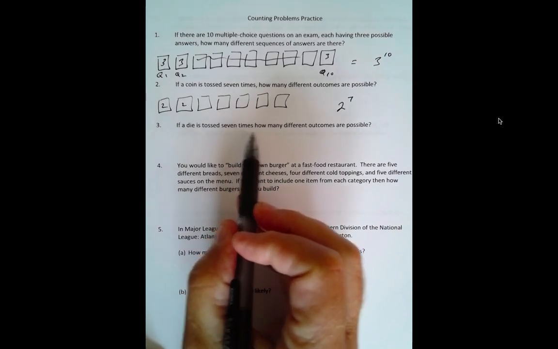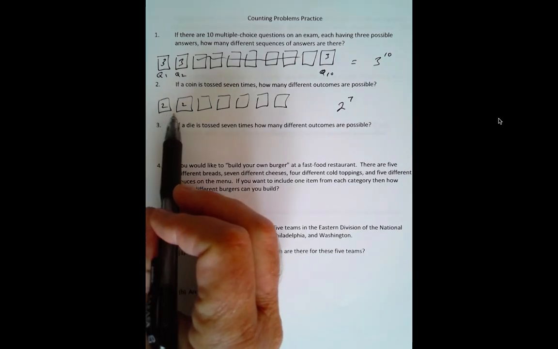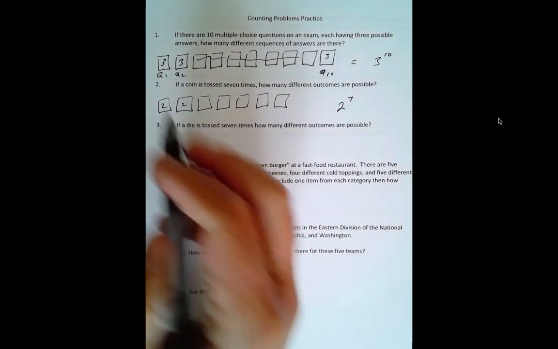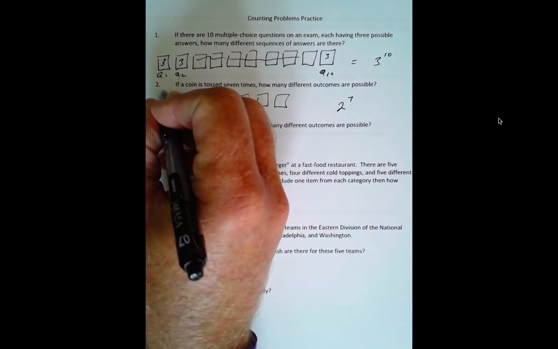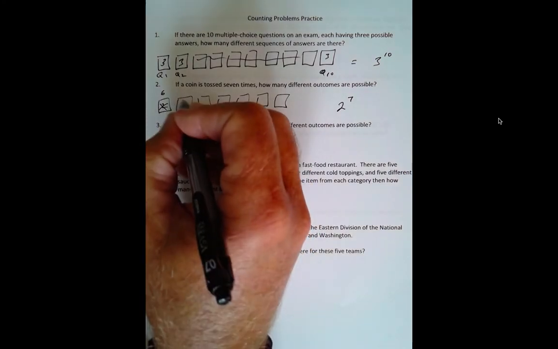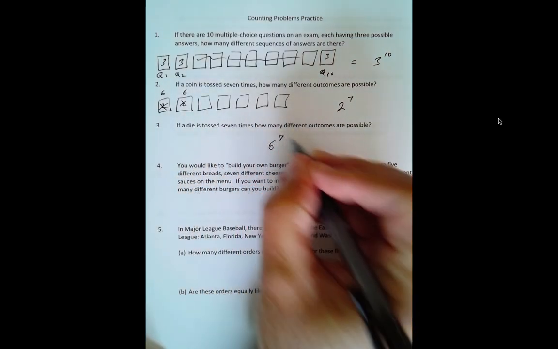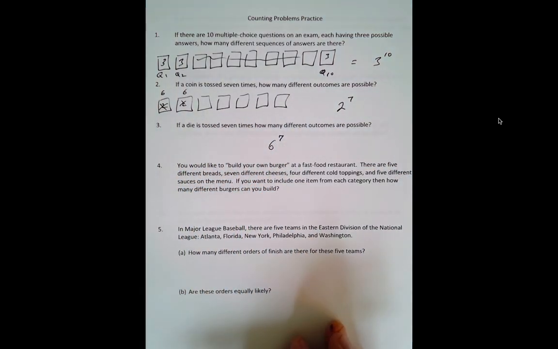If a die is tossed 7 times, how many different outcomes are there? This is modeled the same way. We have the die 7 times, but instead of 2 possible outcomes, we have 6: 1, 2, 3, 4, 5, or 6. So it should be pretty obvious that we have 6 to the 7th possibilities.